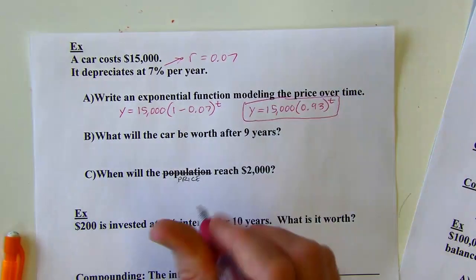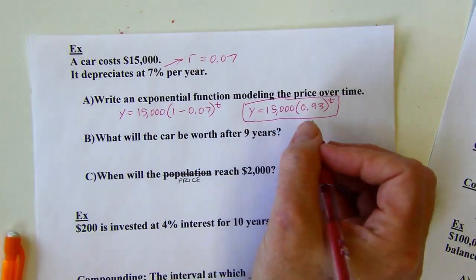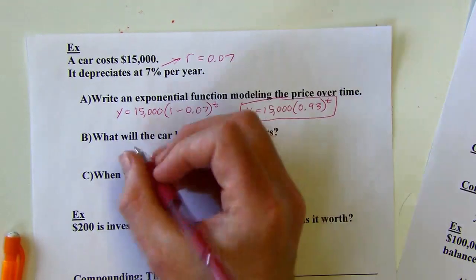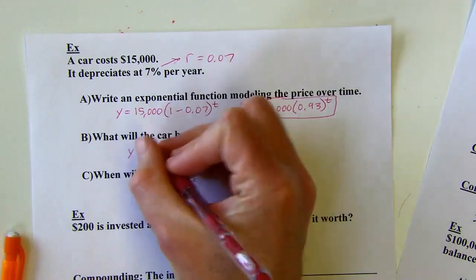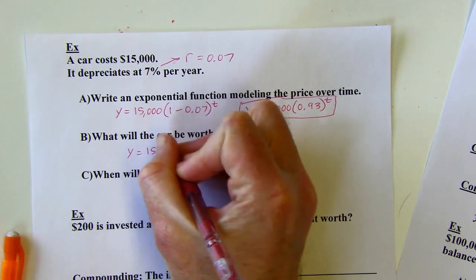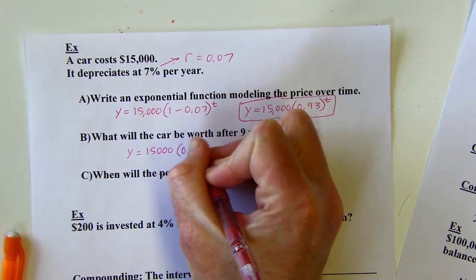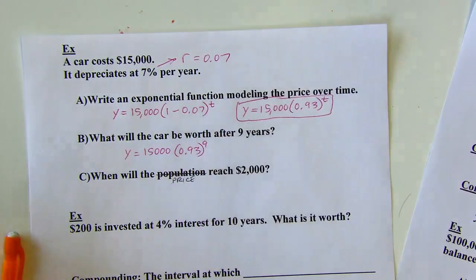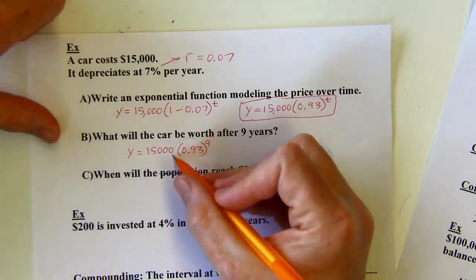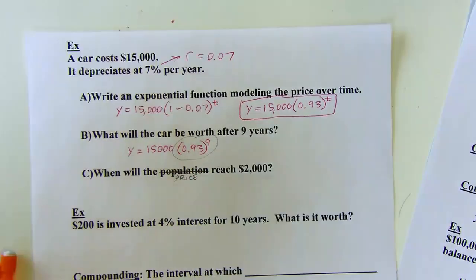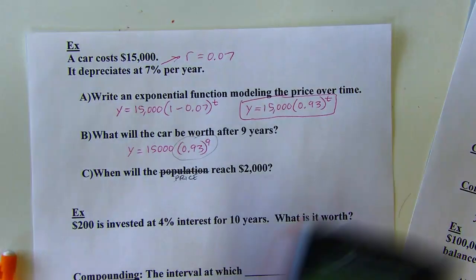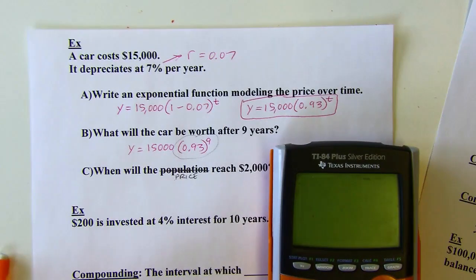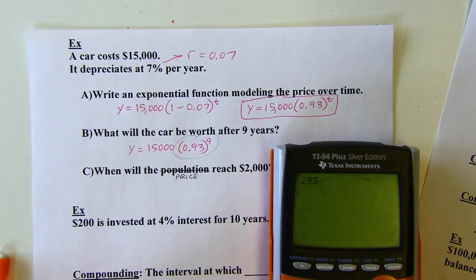All right. So what will it be worth after 9 years? Well, I'm just going to plug a 9 in for t into the formula I just wrote. Okay, and then in your calculator, make sure you do the exponent before the multiplication. Want to use PEMDAS here, right? So I'm doing 0.93 raised to the 9th, and then multiplying that by 15,000.